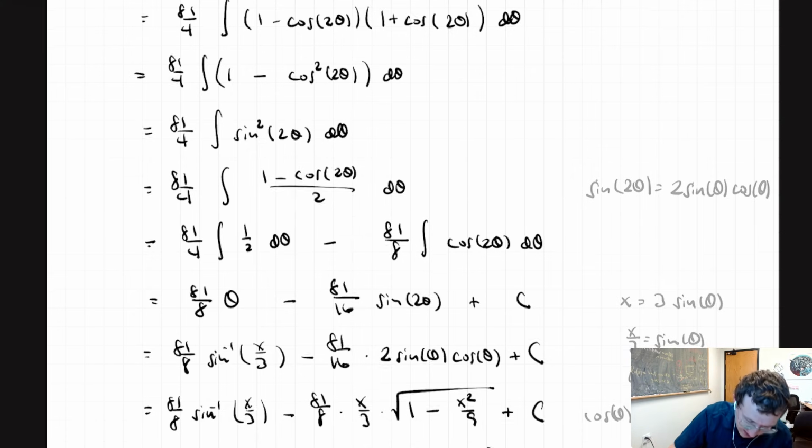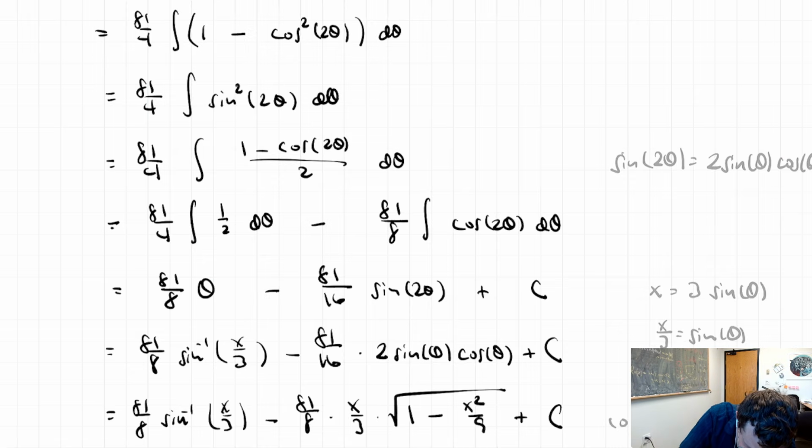Oh, here's my mistake. That should have been a 4 theta. Because we already had 2 theta, and when we use that identity, it gets doubled. Okay.